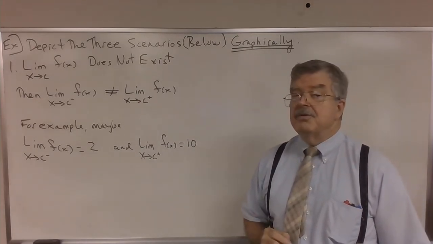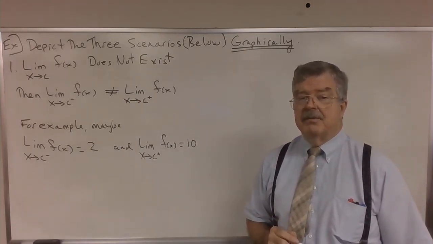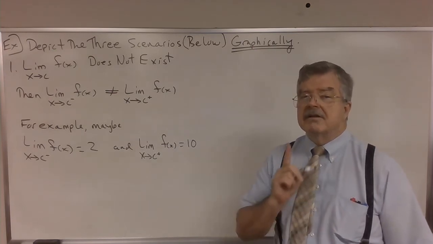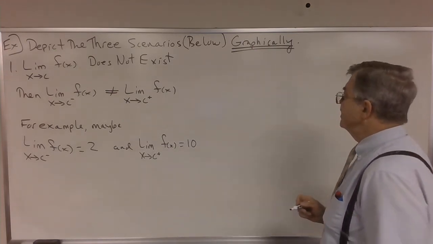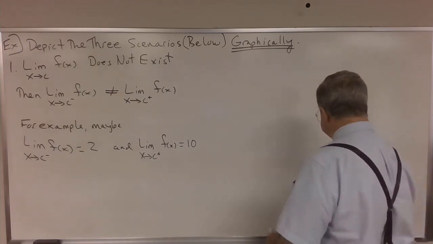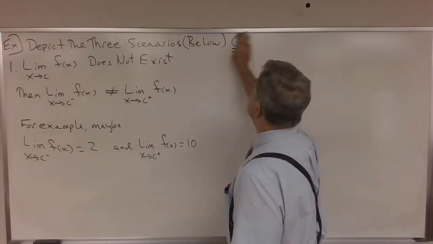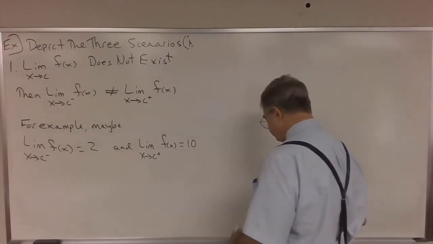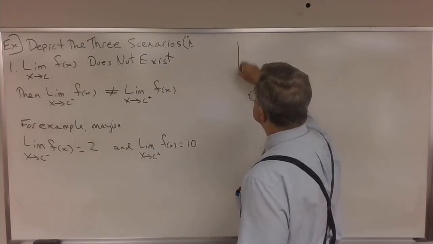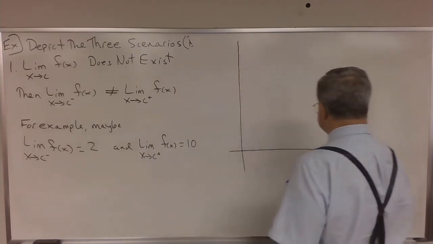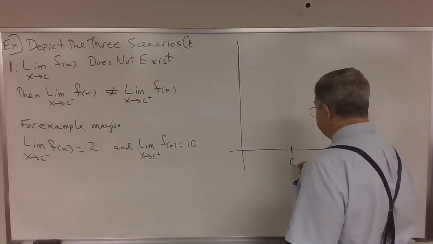Okay, those two one-sided limits aren't equal. Let's take a look at this graphically. Here's c.